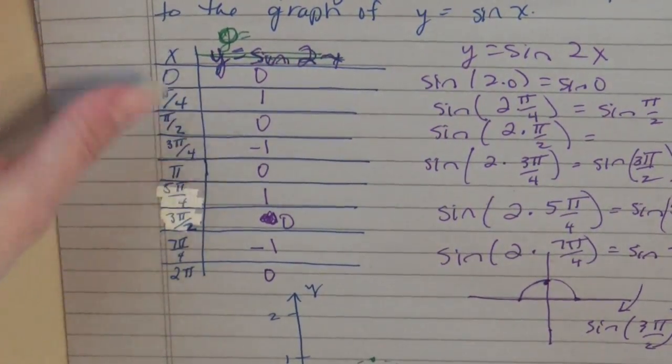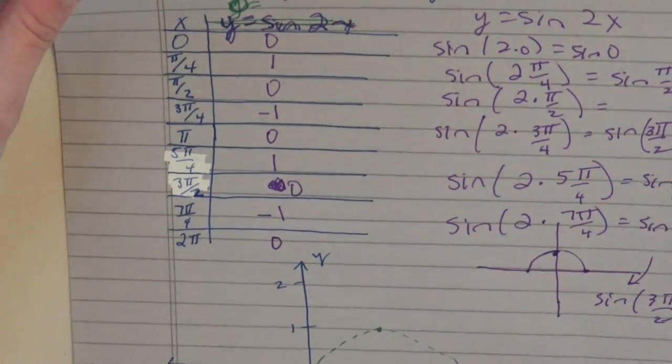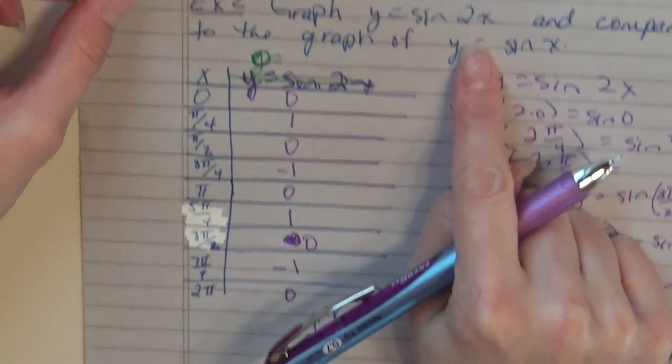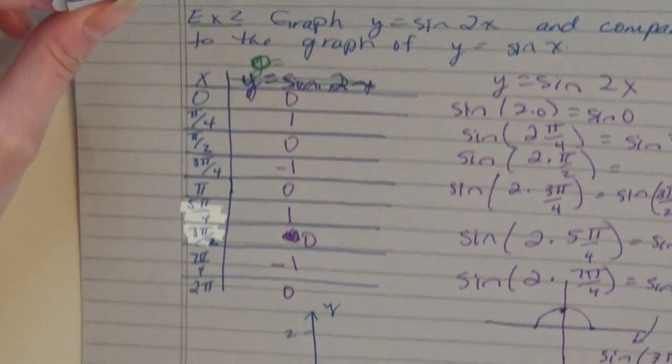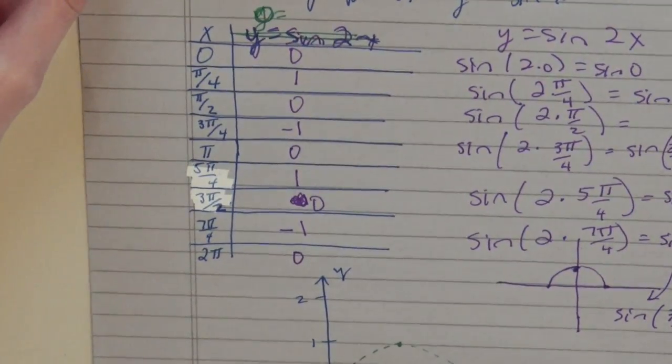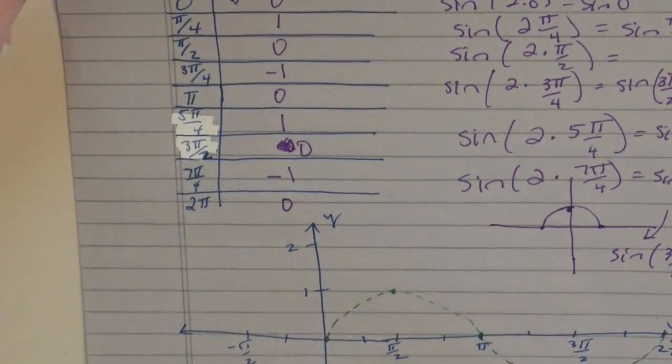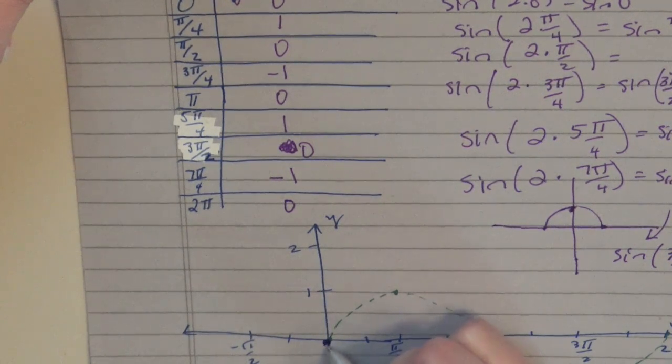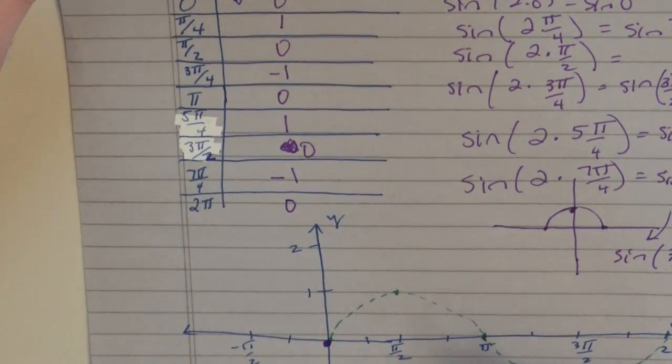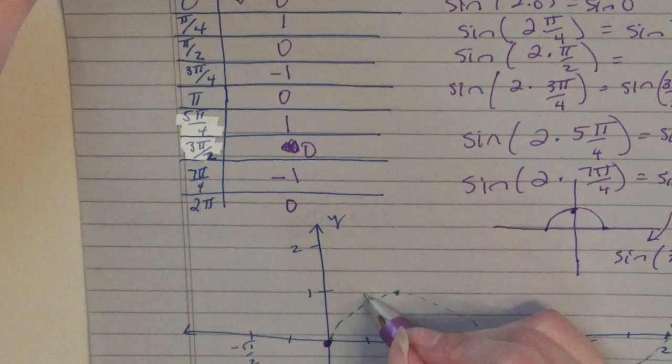If we plot those points, we'll get to see how that coefficient on x affected the original sine function. So let's see, we need to find ordered pair 0, 0 at the origin. We need ordered pair pi over 4, 1. That's going to put us here.